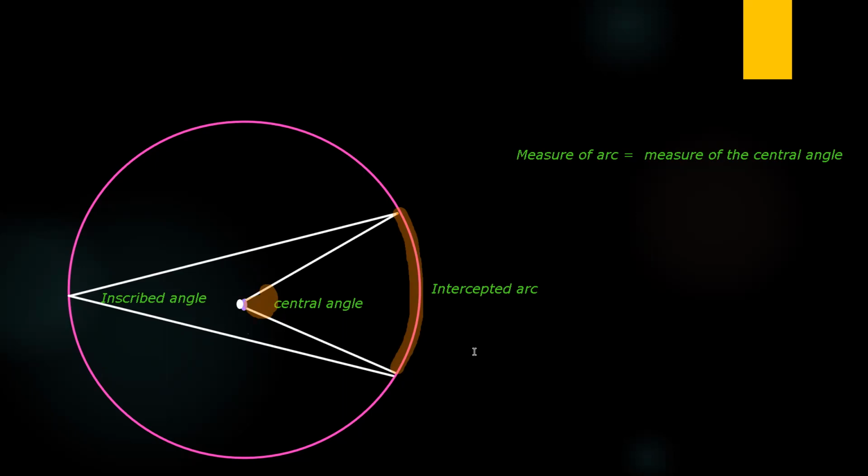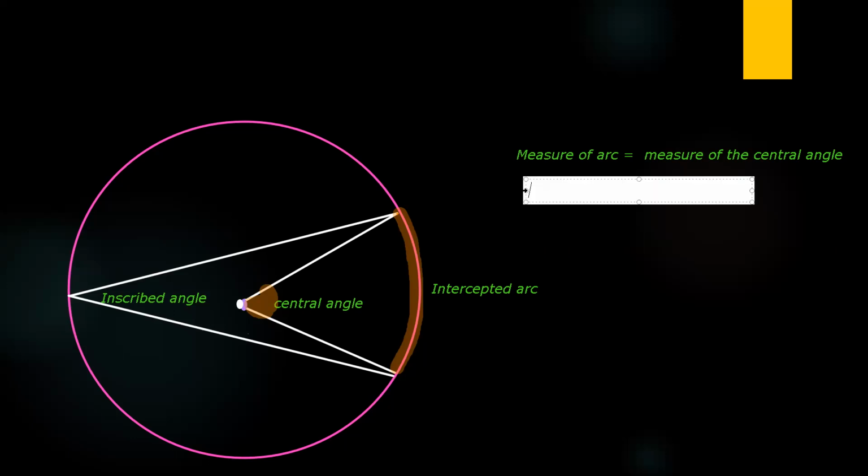And today we will learn a theorem that tells us that the measure of the inscribed angle is half the measure of the intercepted arc. So the measure of the arc could be the same as the measure of the central angle, and it could be double the measure of the inscribed angle.